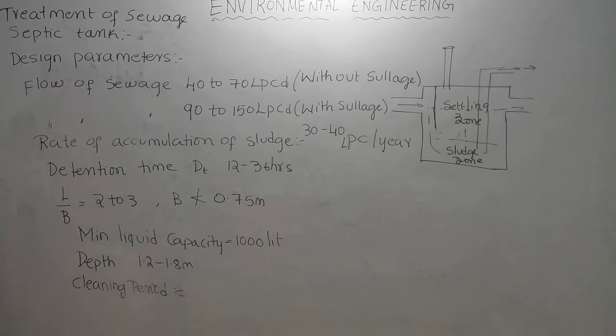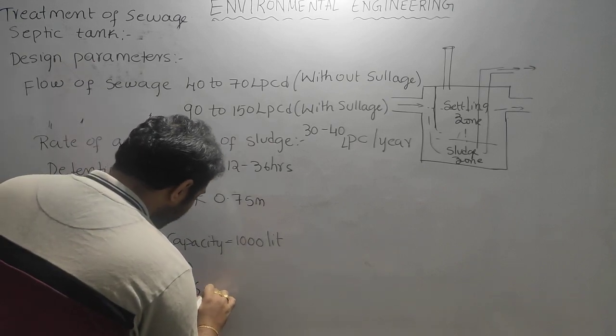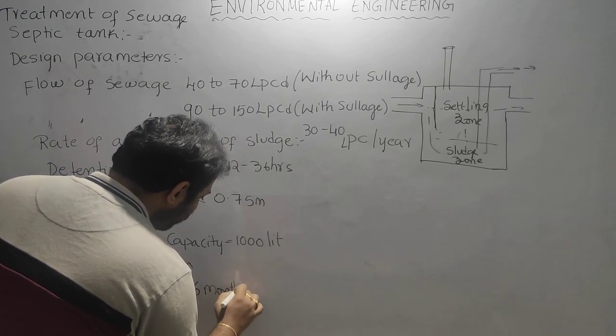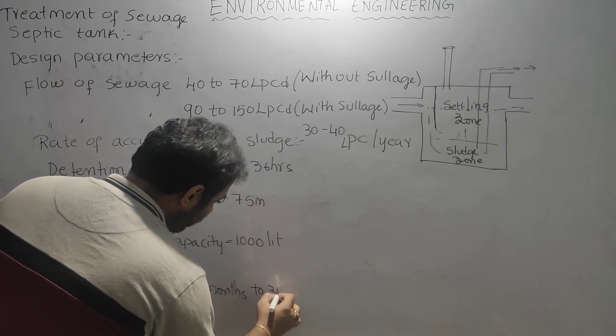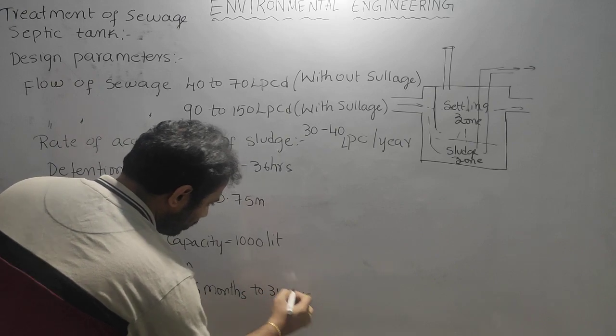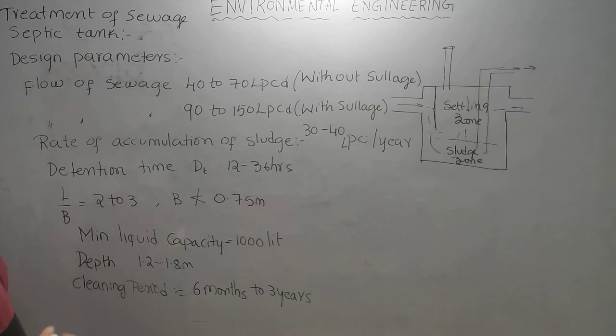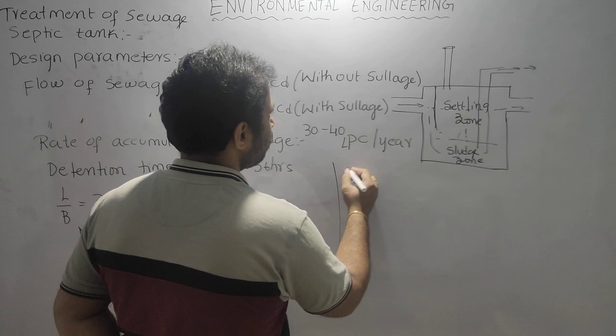Generally it varies with the size of the tank, from 6 months to 3 years, because it depends upon the size of the tank and how many users are using that tank. Freeboard we use 0.3 meter.